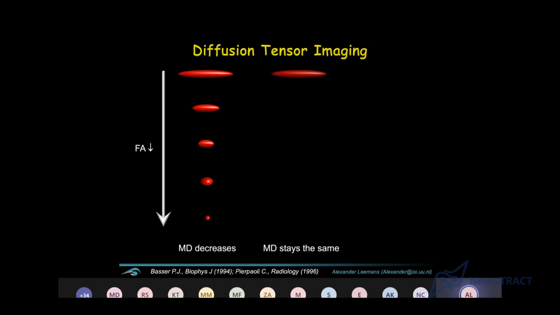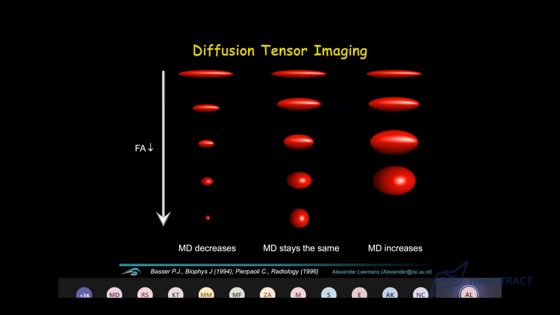Something I want you to remember here is that fractional anisotropy and mean diffusivity are independent of each other. And I'm showing you with this example, from top to bottom in each row, on the middle, left, and right, from top to bottom, fractional anisotropy goes down.